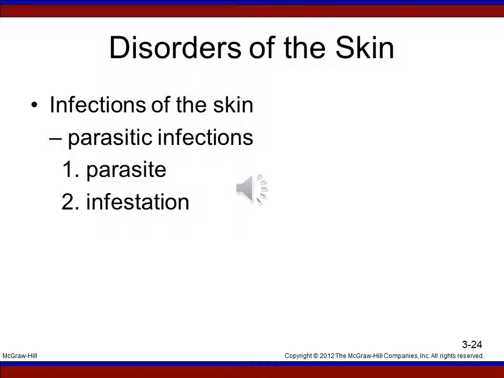It's an infestation of a parasite that has released all these different things, these toxins, into our body. So these are caused by microorganisms. So that is the difference. Infestations, you're being attacked by the parasite, what the parasites have released in your body.